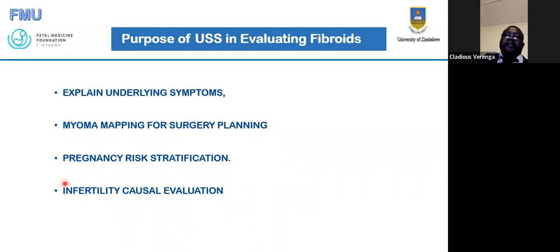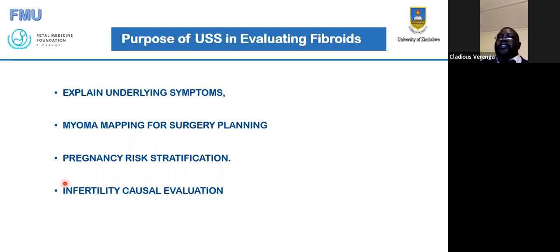So this therefore means that you cannot examine a patient whose history you don't know. So you should ask your patient why they've come to see you for that scan. History is always important. You do not scan a person you don't know. The moment you begin to scan people you don't know, you are more likely to get it wrong.